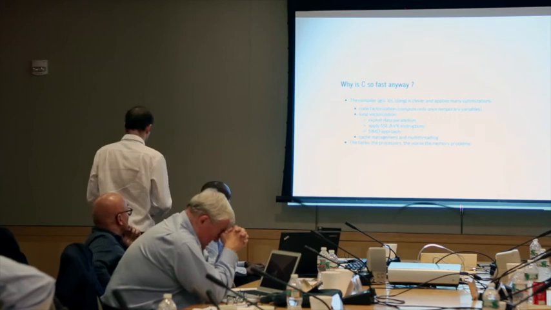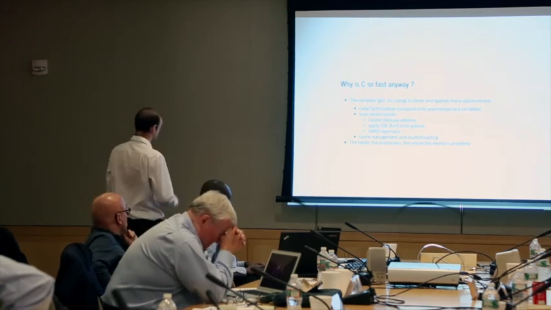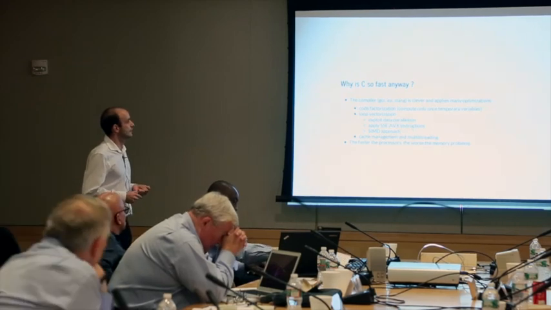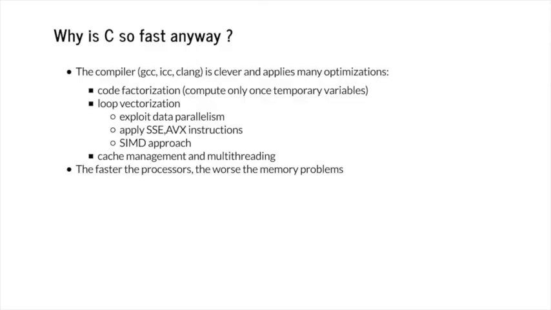Okay, so just to be short, I said when you write C code, it's very fast. It's very fast because it's doing vectorization of your code. So if you write a flat loop, the compiler will say, oh, actually it's not flat, you are doing vector operations, which is a kind of paradox, no? What it's not so good at detecting automatically is what data you want to operate on.